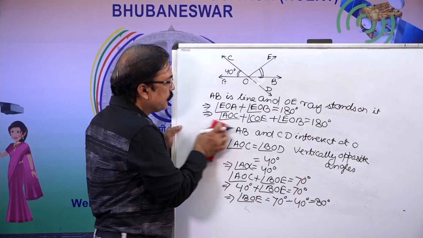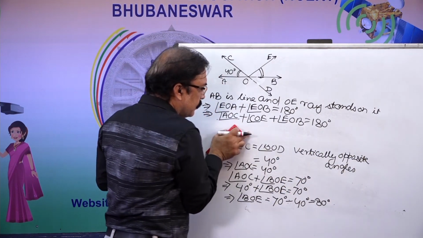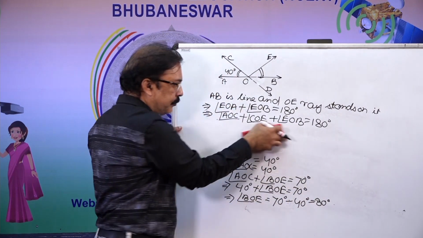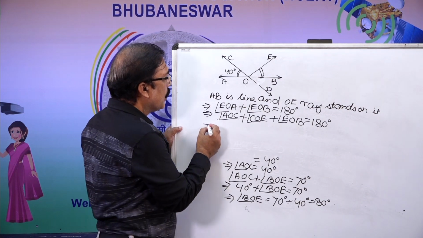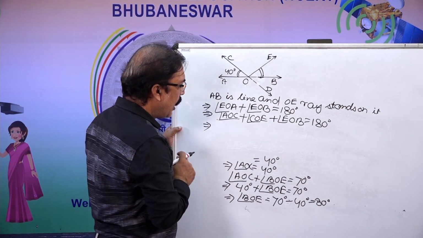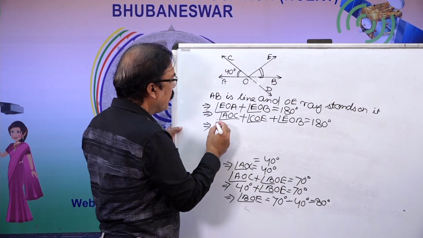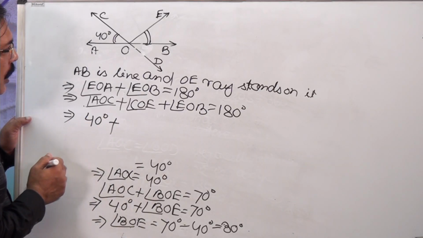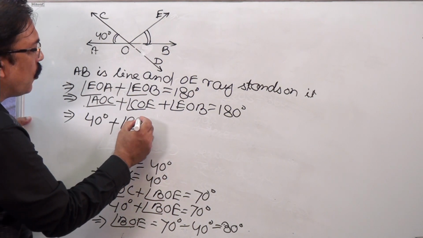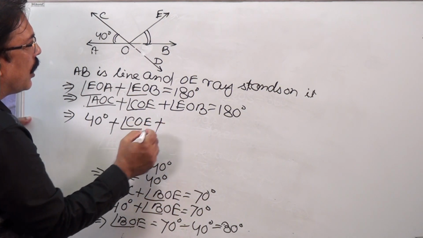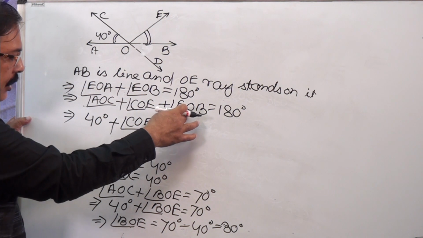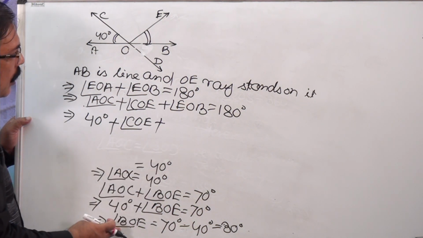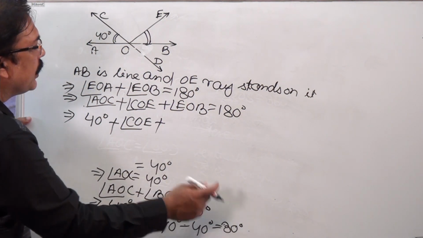Now, what is angle AOC? Angle AOC is 40 degree plus angle COE plus angle EOB, or BOE, is 30 degree.